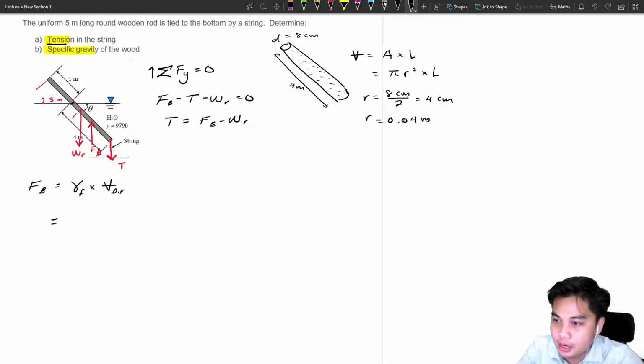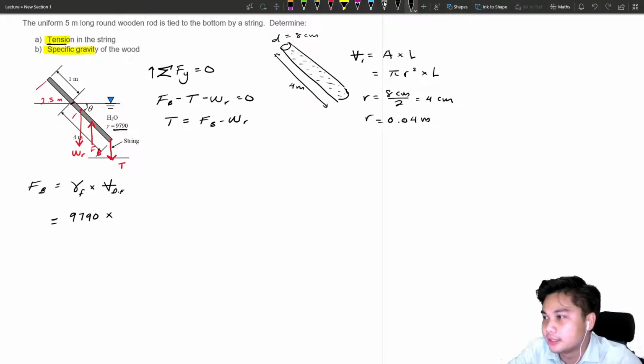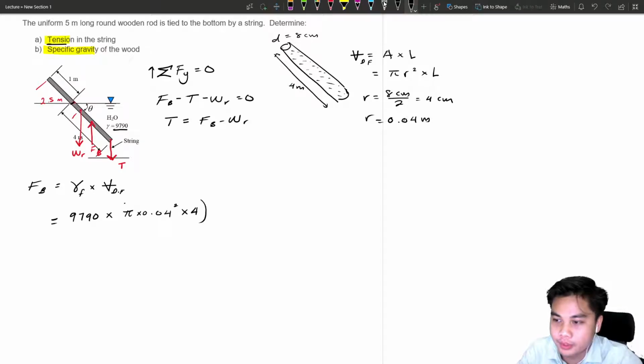Gamma of fluid is given by 9790, multiplied by the volume, which is pi, radius squared, 0.04 squared, multiplied by the length, 4 meters.